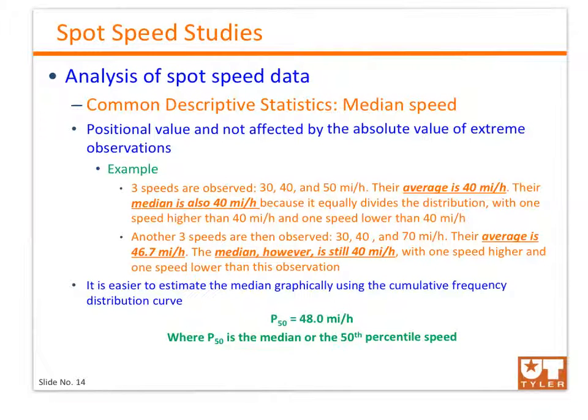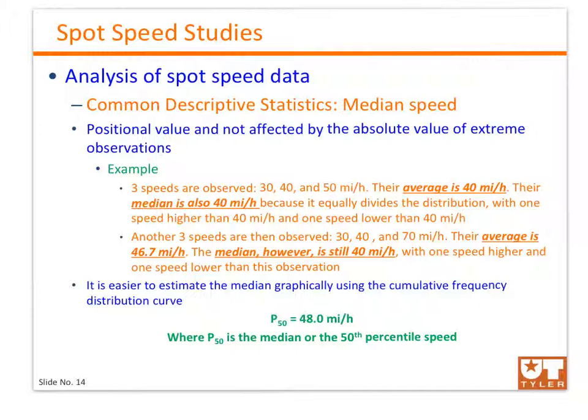Another common descriptive statistics number that we need to obtain is the median speed. Median speed is simply a positional value which is really not affected by the absolute value of the extreme observations. For example, if I have three speeds that were observed at a certain location, 30 miles per hour, 50 miles per hour, and 40 miles per hour, as you could see here, the average is 40 miles per hour, but their median is also 40 miles per hour, because the median is the number in between.